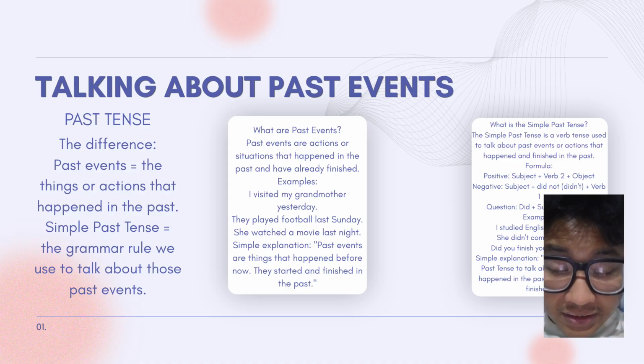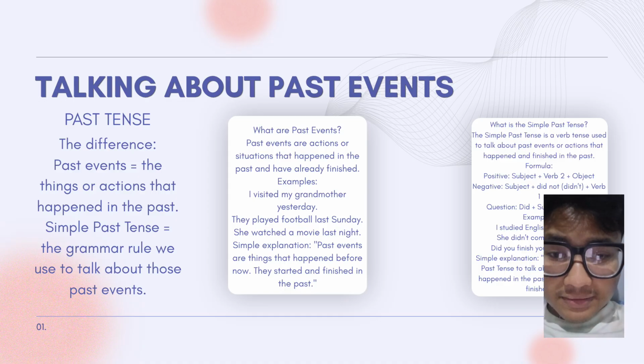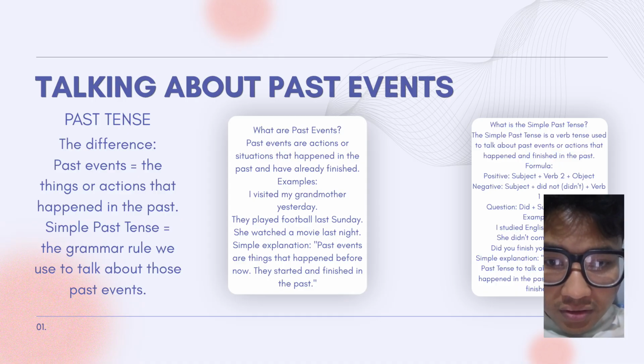We use this tense to tell someone about our experiences, activities, or facts in the past. For example, when we talk about what we did yesterday, last week, or last year, we use the simple past tense. Okay, simple past tense is usually followed by time expressions. These words tell us when the action happened.